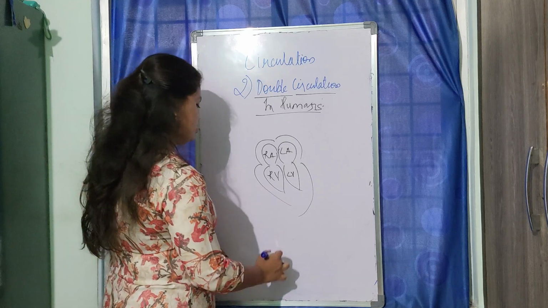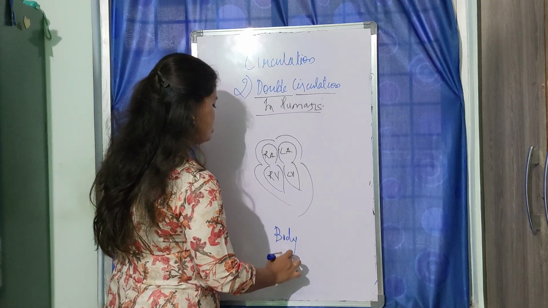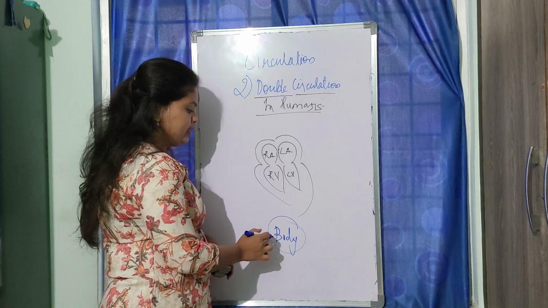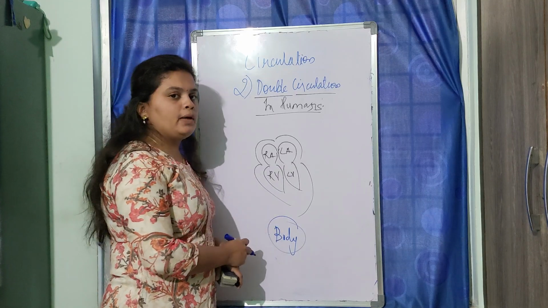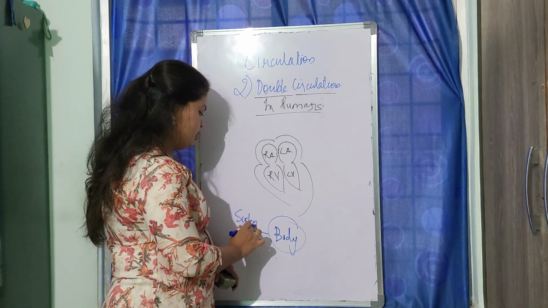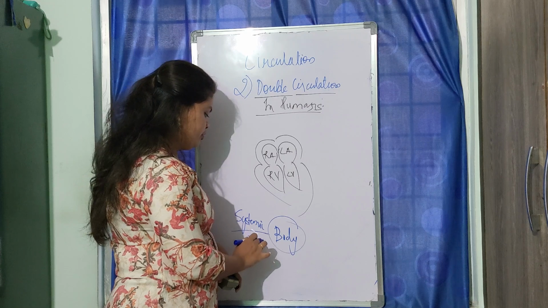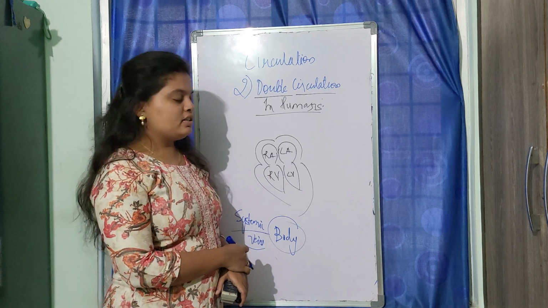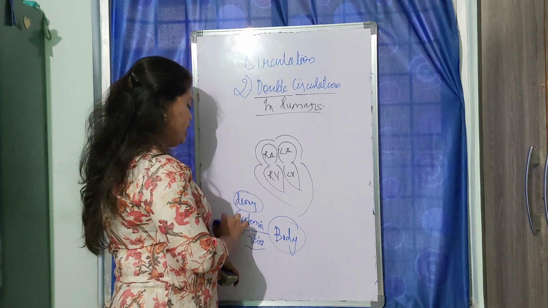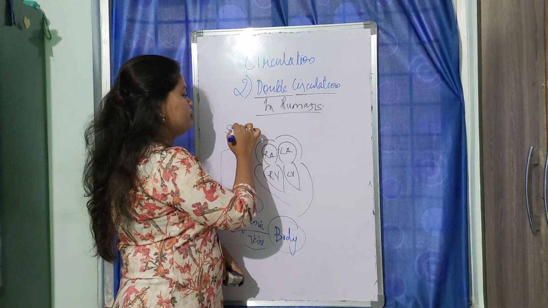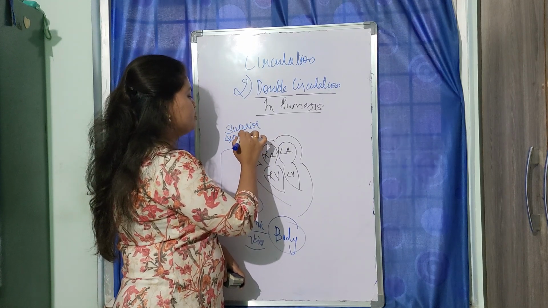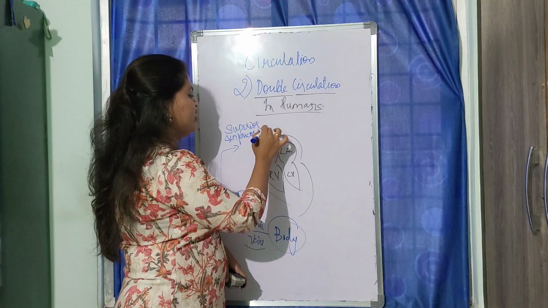The body is going to transport all the deoxygenated blood to the heart, and it is collected. This deoxygenated blood from the body is collected by systemic veins, and they are going to send it to the superior and inferior vena cava.